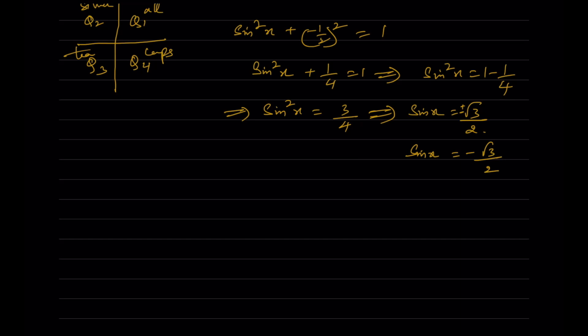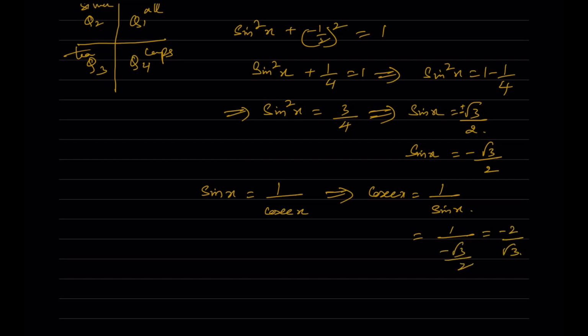Now we also know that sin x can be written as 1 by cosecant x, it's the inverse of cosecant x, which implies that cosecant x is equal to 1 by sin x, which is equal to 1 by minus root 3 by 2, which is equal to minus 2 by root 3.